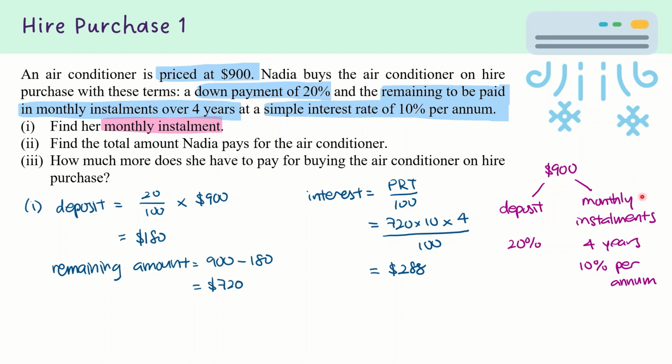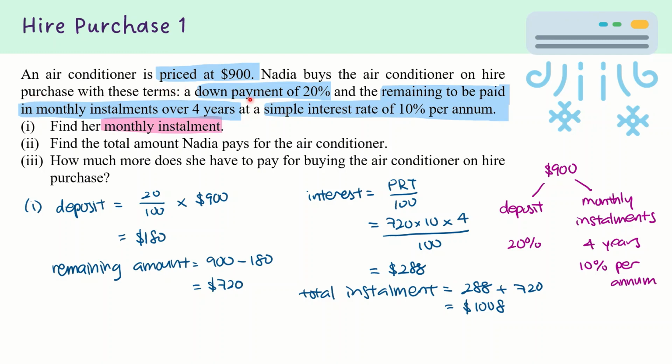So therefore, the total installments that need to be paid will be the remaining amount, $720, plus the interest, $288. And that would give us $1,008. But that is not all, because the question wants us to find the monthly installment, not the total installment. So we need to take $1,008 and divide by the total number of months that the payment is going to be made over.